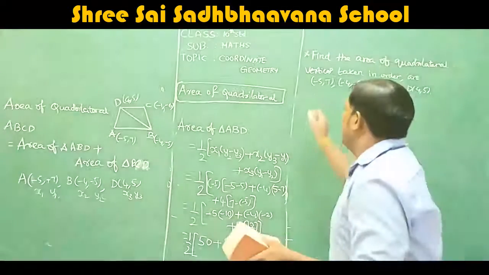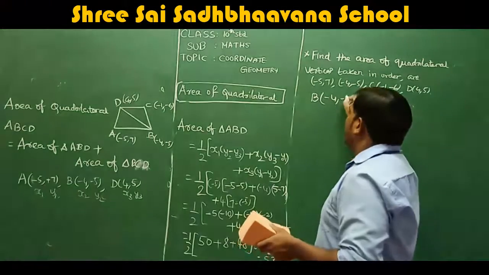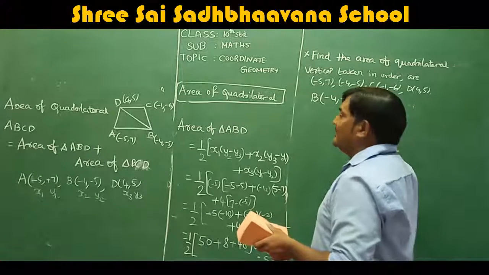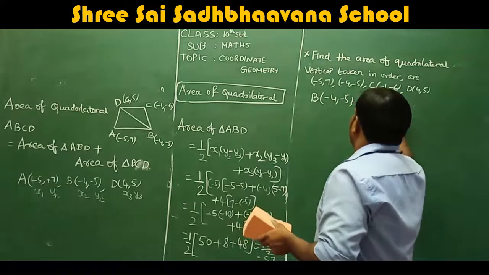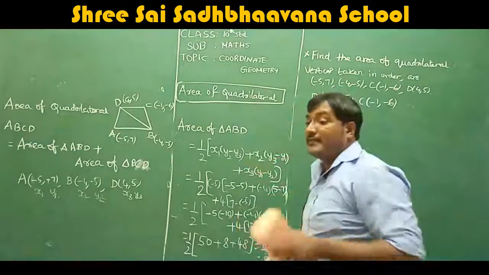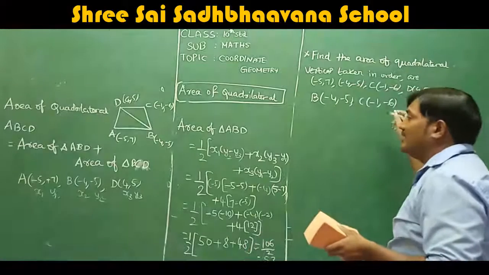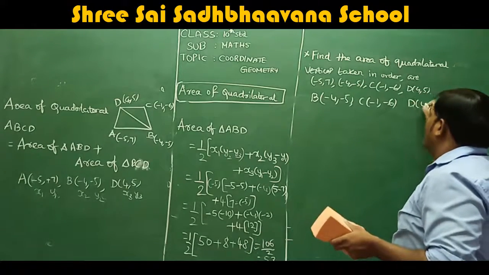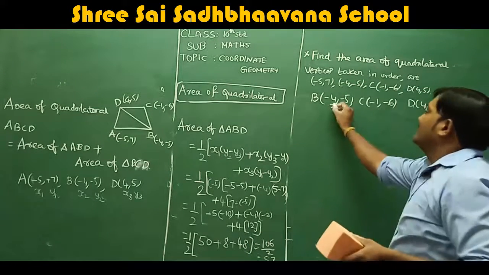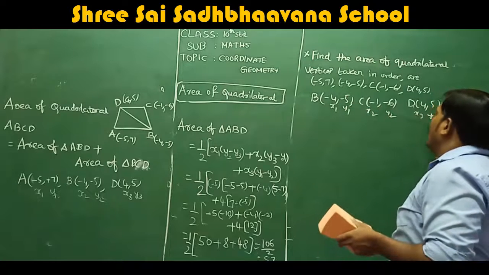So now B, what is B we are taking here? Minus 4 comma minus 5. What is C? C is minus 1 comma minus 6. And what is the D value? 4 comma 5. Correct. So write this as x1 y1, x2 y2, x3 y3.